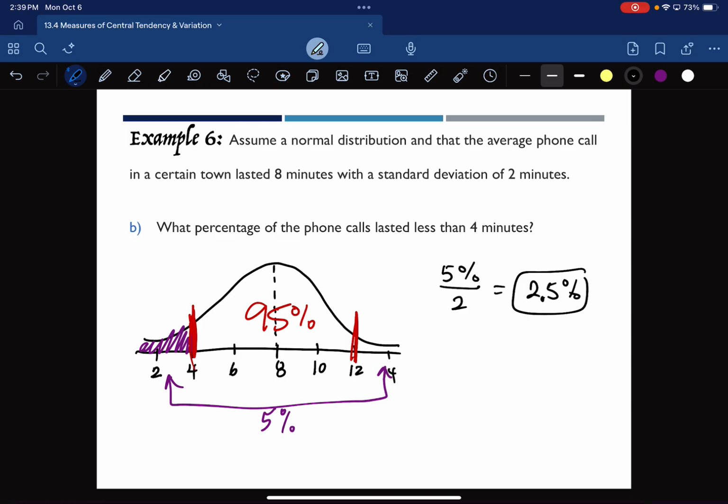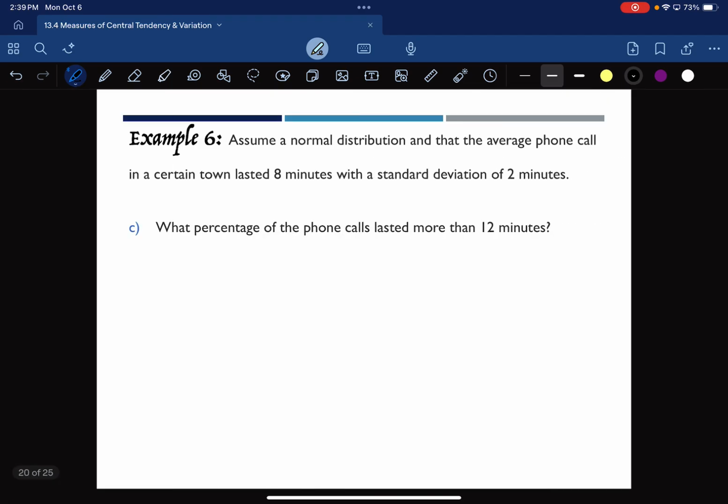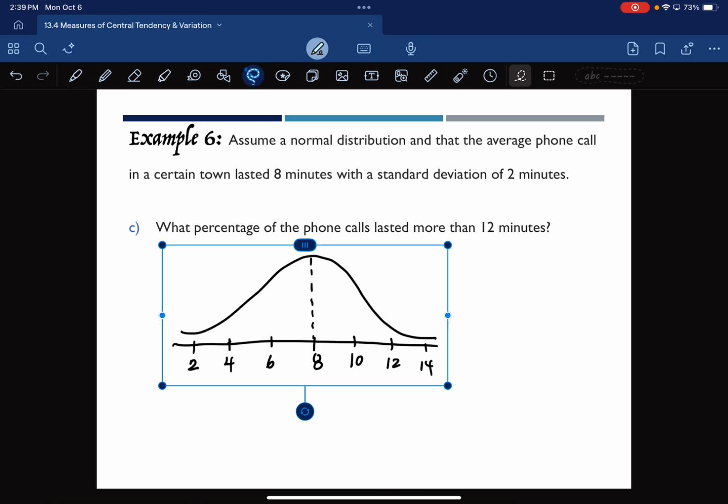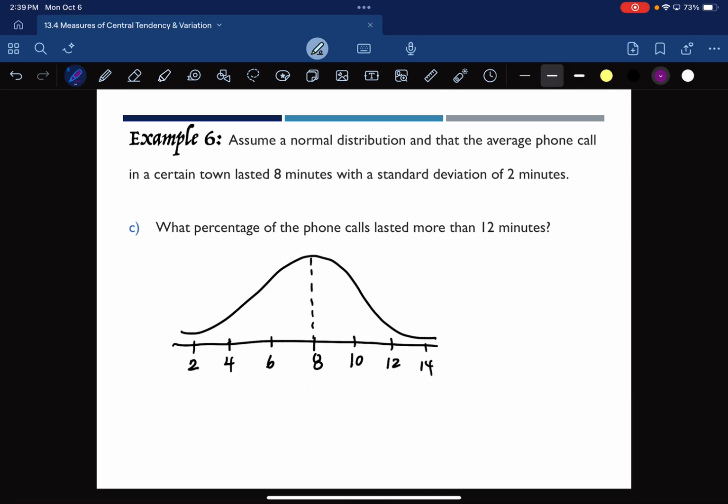What do we think? Probably more practice, right? Yeah, it's okay. Let's try another one. Okay. This one identifies that I want it to be more than 12.